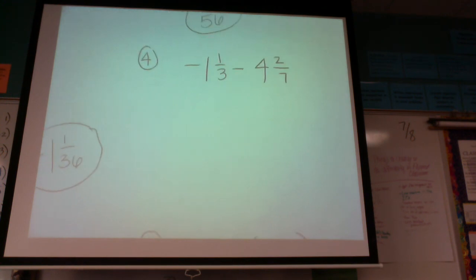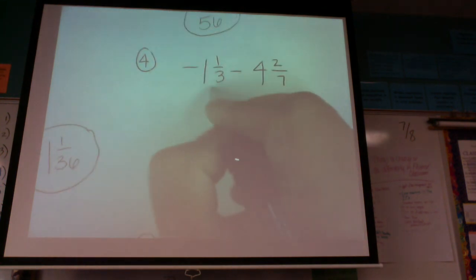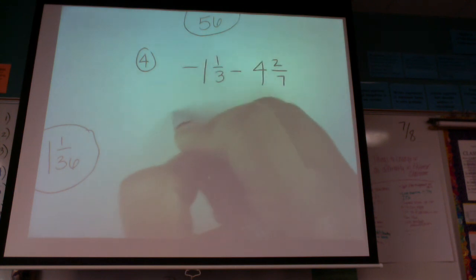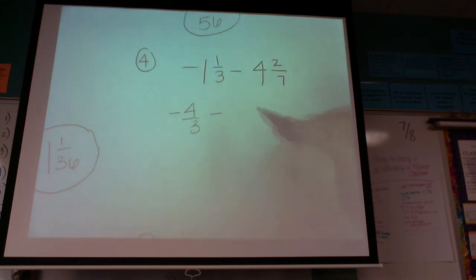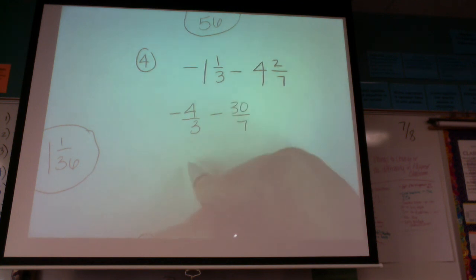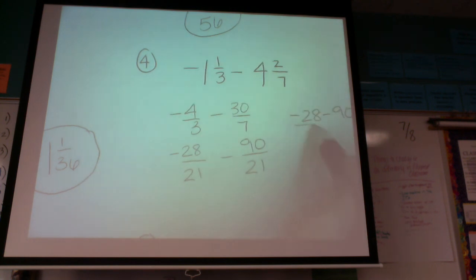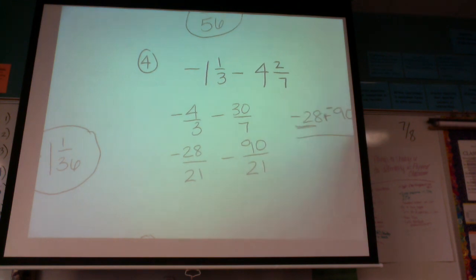Number 4, let's popcorn both of those. That's going to be negative 4/3 minus 37. Common denominator is going to be 21. That's going to be times 3. That's going to be 90. This is going to be times 7, negative 28. So negative 28 minus 90. Remember, if I keep my first, change the sign, change the value of the number, all over 21.